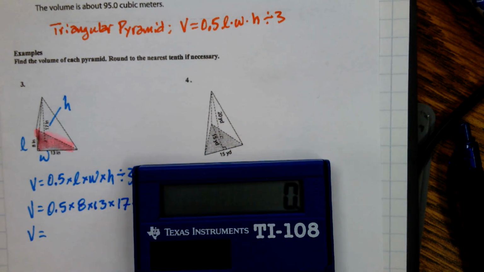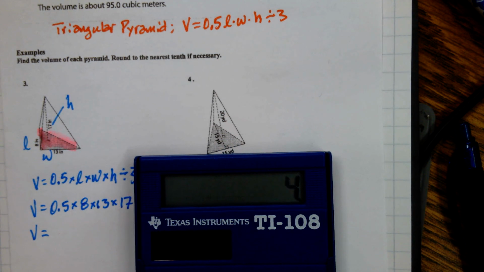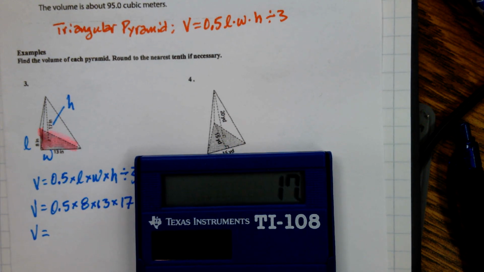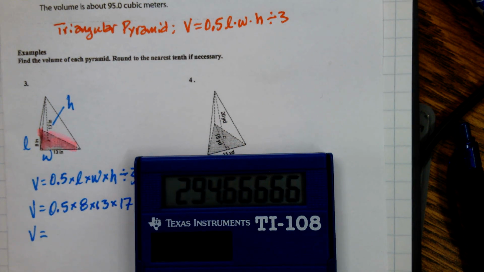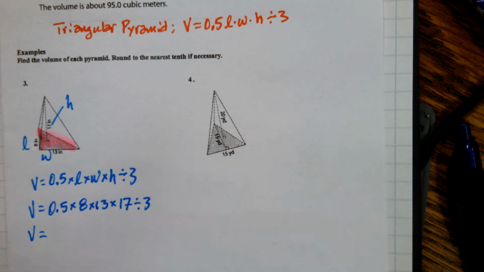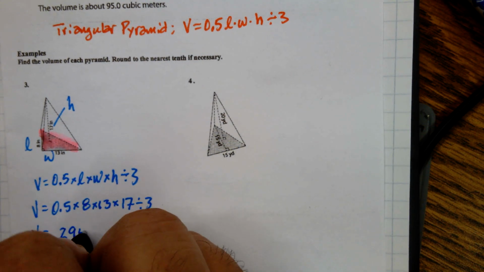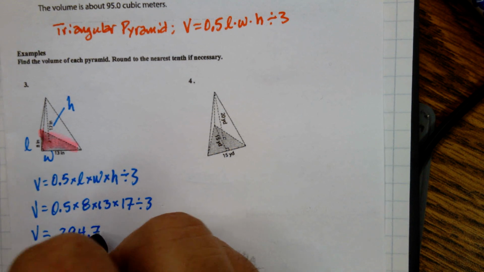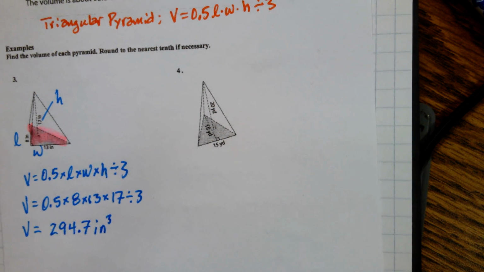So on your calculator, follow along with me. Let's start with 0.5. 0.5 times 8 times 13 times 17 divided by 3. That's 294.7 cubic inches.